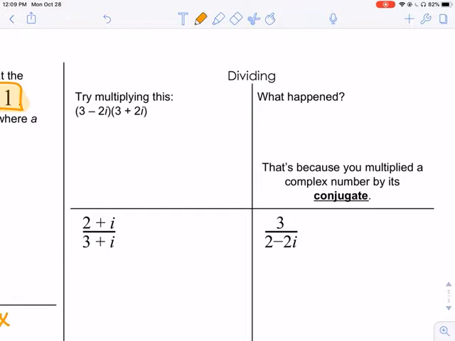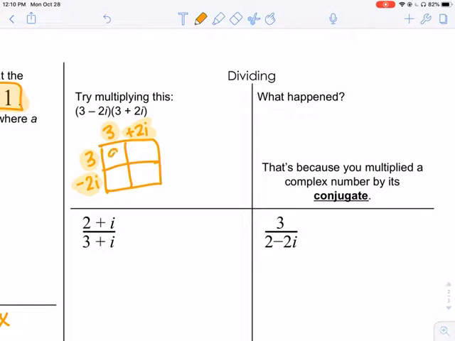So when we think about dividing, I'm going to try multiplying these. So just to show you what I mean here, I have 3 minus 2i and 3 plus 2i. So already I'm seeing a pattern. I see that I have the same number here and here, and then this is 2i and 2i, one positive, one negative.